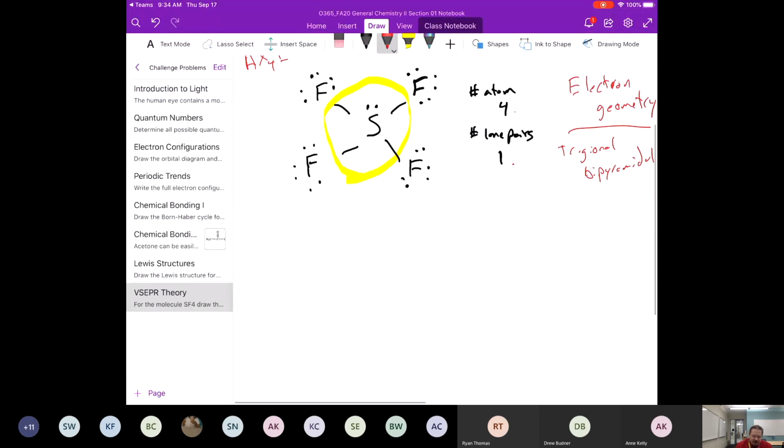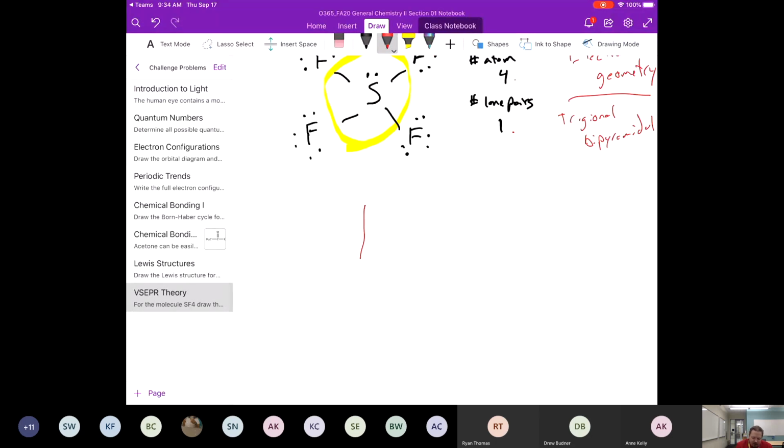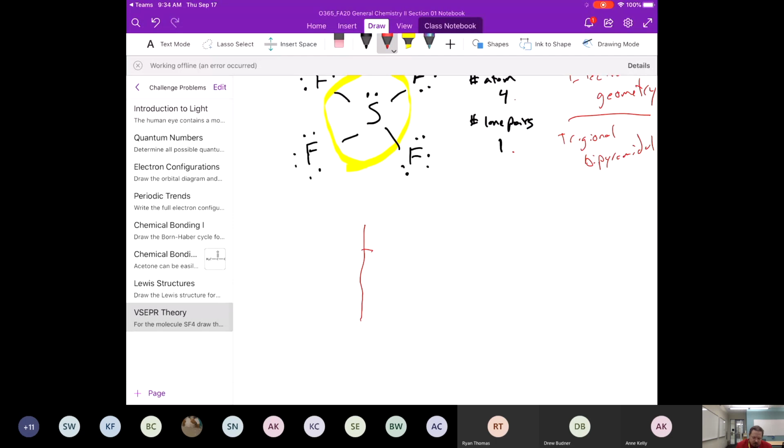If we look at what that shape looks like, maybe if I can draw. In terms of electrons, we have a pair of electrons here, a pair here, a pair here, and a pair there, and a pair there.